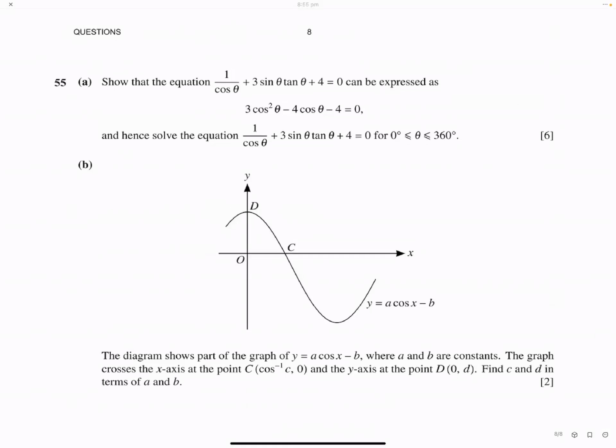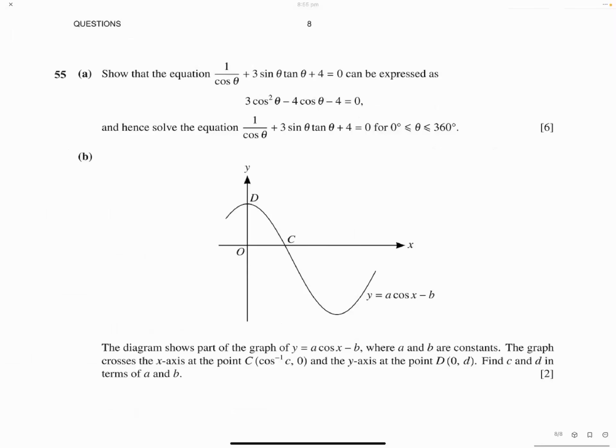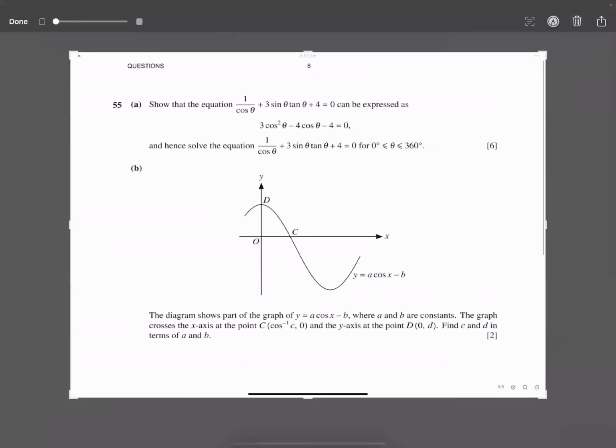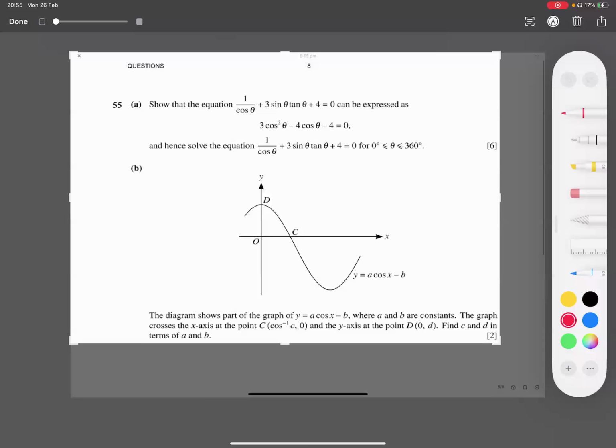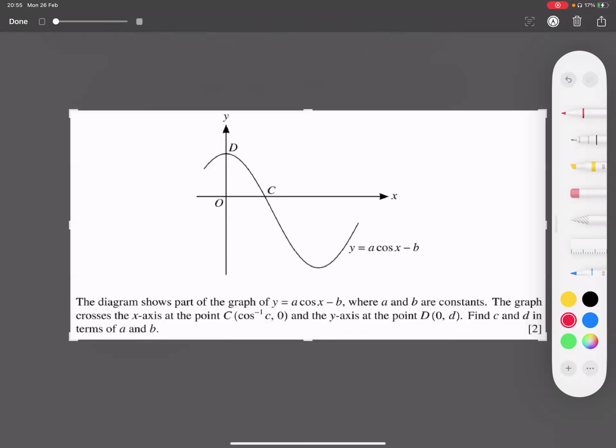Part A or part B? Part B, sir. Part B, okay. Okay, question number 55, part B. Let's try this.